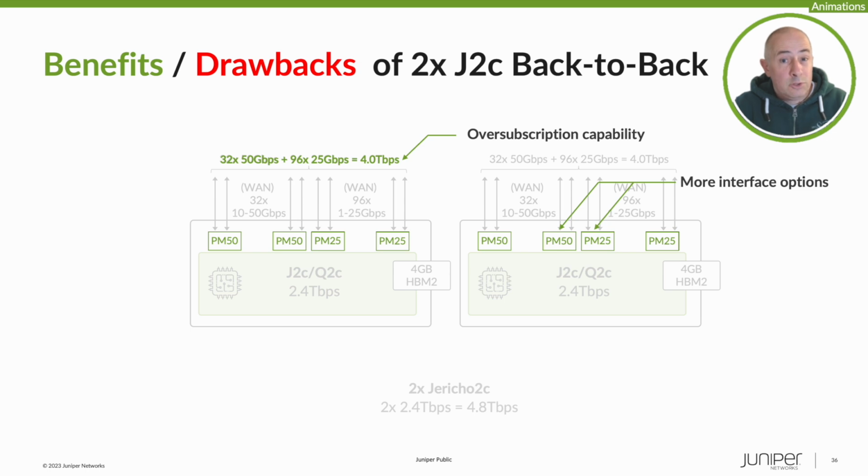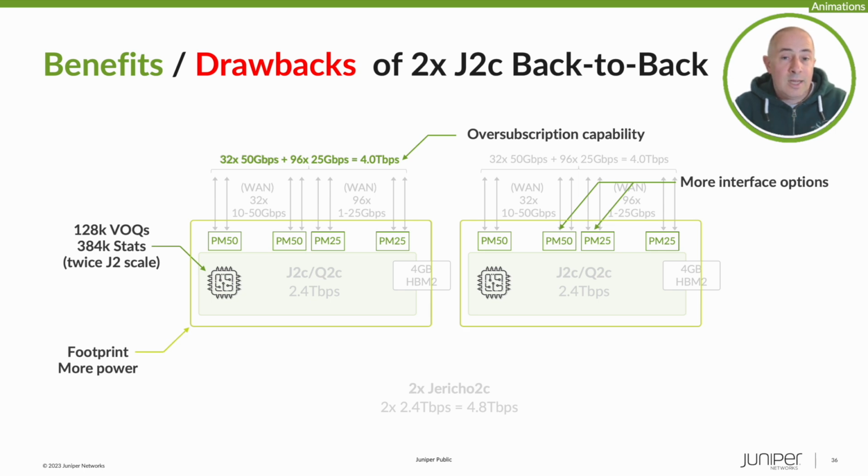Second, we can oversubscribe the Jericho 2C, which is not supported on Jericho 2, 4.8, that's it. Here, with this oversubscription, we can have potentially up to 8 terabits per second of interfaces. Also, and that's not negligible, we have twice the number of queues and the number of counters on Jericho 2C.